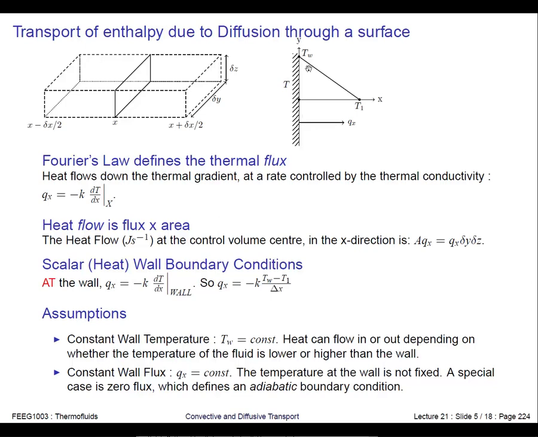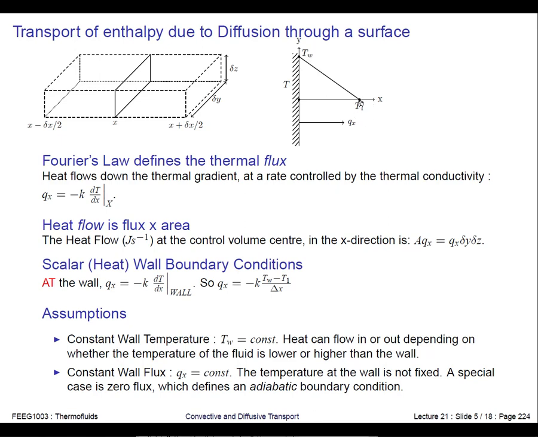And there are two ways that you can apply your boundary condition. The first thing you can do is you can say, well, I'm going to assume the temperature of my wall is constant. Okay, so this TW here is constant, and what that means is that the flux through the wall is not fixed. The flux through the wall depends effectively on what T1 is.